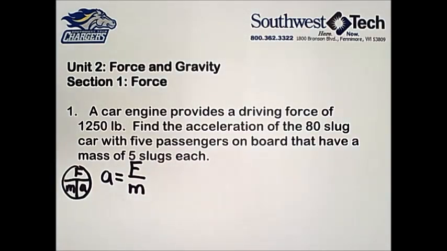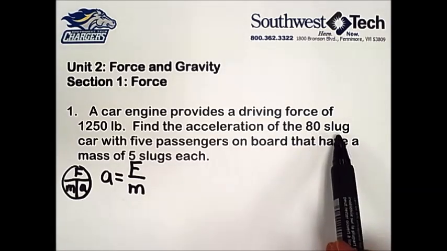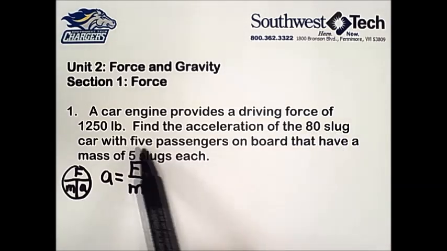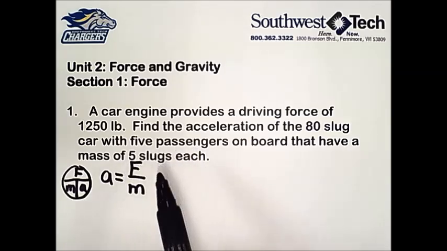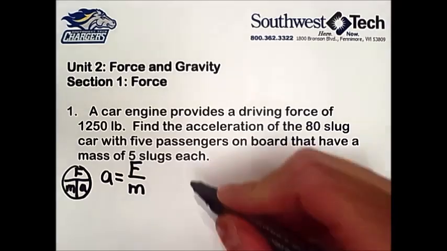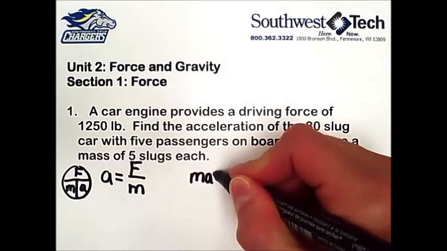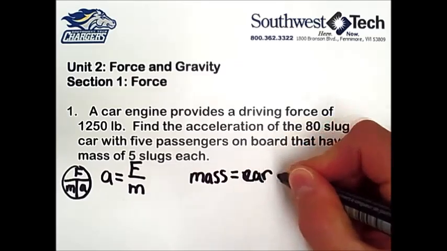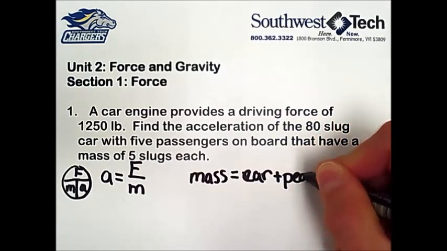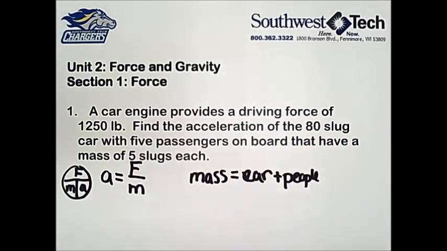The next thing that we have to recognize in this problem is that we're told that the car has a mass of 80 slugs, and there are also 5 passengers on board that have a mass of 5 slugs each. So we need to find the total mass of the car and the people in the car, and then that will be the mass that we have to use in this problem. So the total mass is going to equal the mass of the car plus the mass of all of the people.